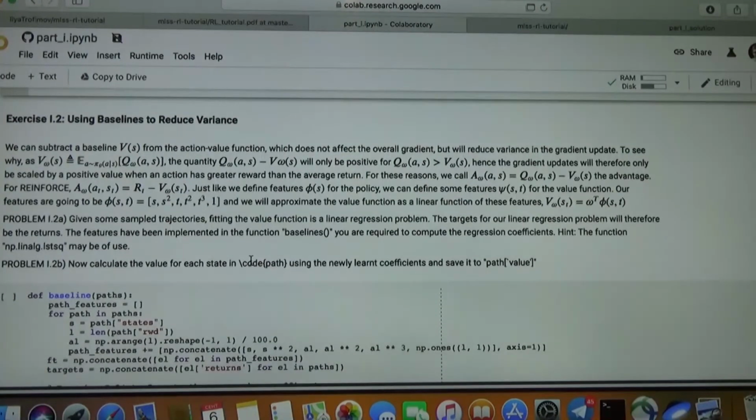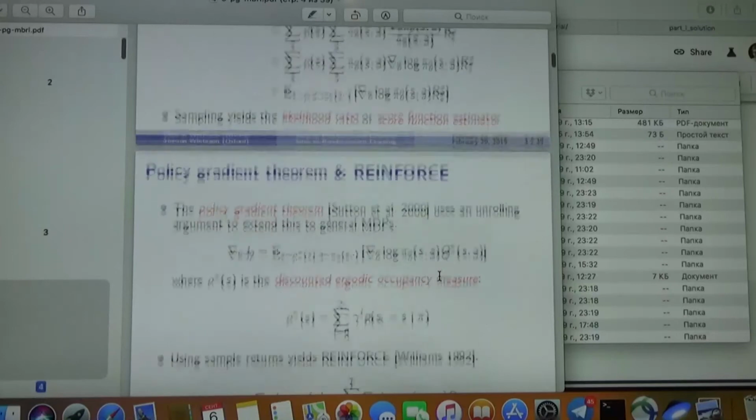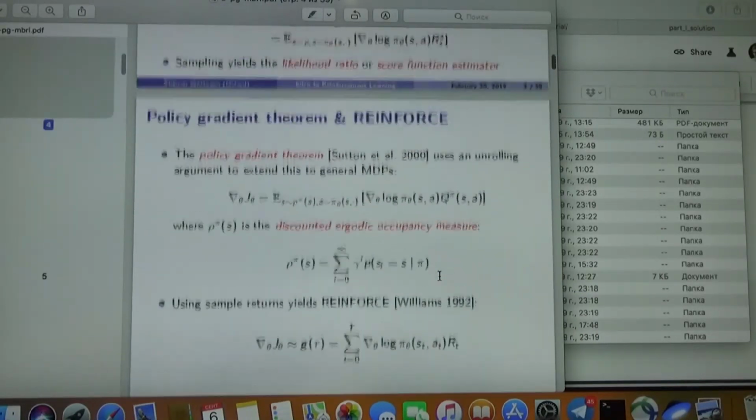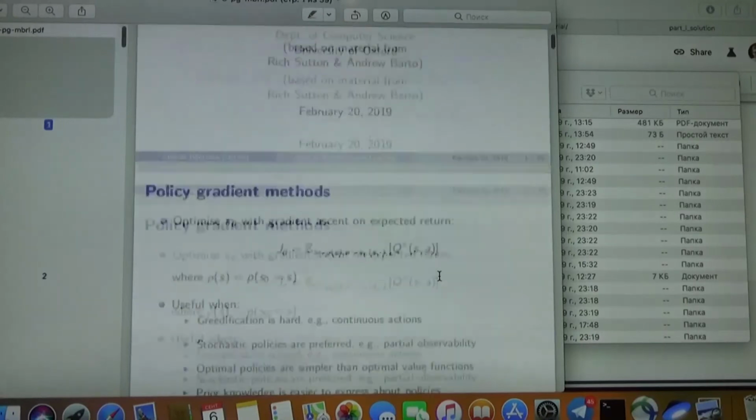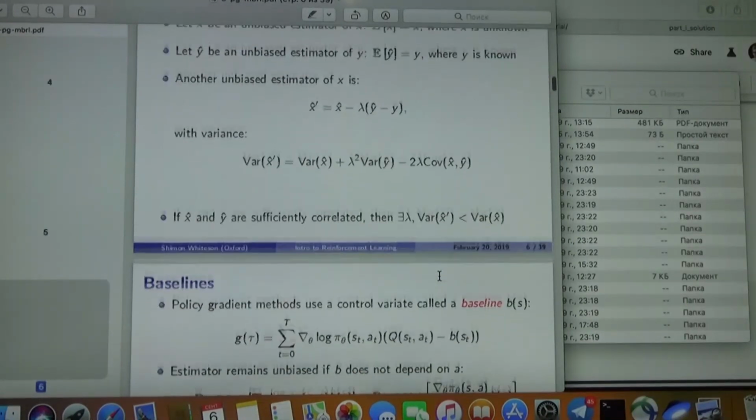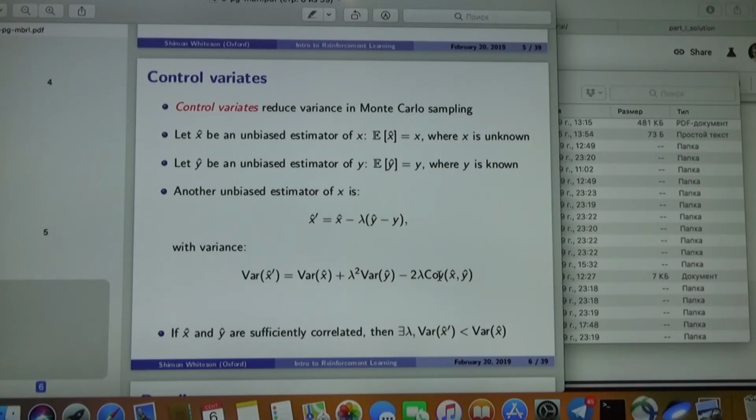And the next idea, which was explained during lectures, is reducing variance. Maybe it is better to show the lecture itself. It is a very interesting idea, and it is used not only in reinforcement learning but in other places in ML. Consider two random variables x and y, and our goal is to estimate the mean value of x.